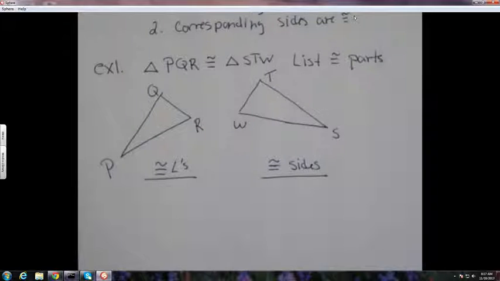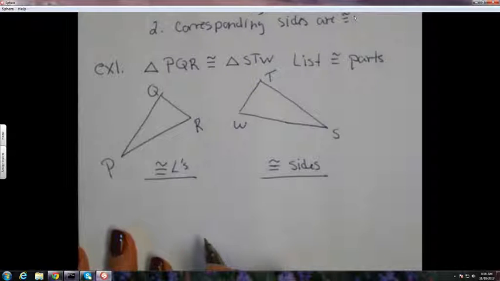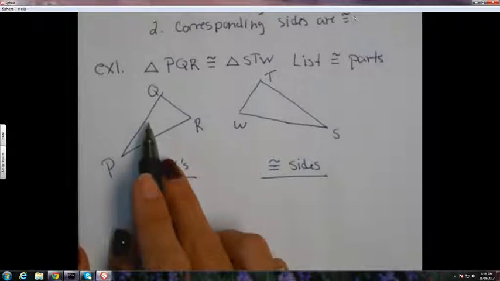Okay, let's start with congruent angles first. Name a pair of congruent angles for me. Veronica, not Victoria. Chewing on her popcorn this morning. I don't know. Pick a pair of congruent angles. Q and R. Nope, it's got to be one from this triangle, one from this triangle.